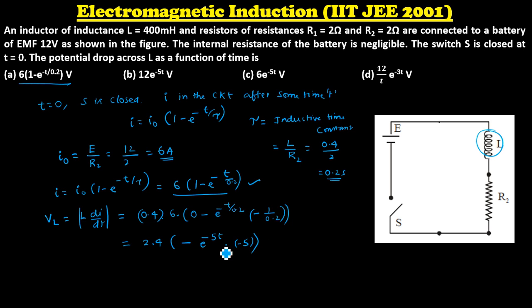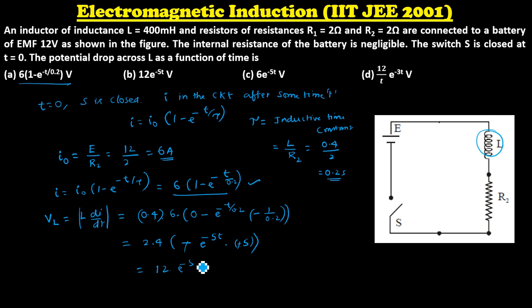Minus of minus is plus, and 2.4 into 5 is 12. So 2.4 into 5 is 12, and the minus gets cancelled, leaving e power minus 5t.